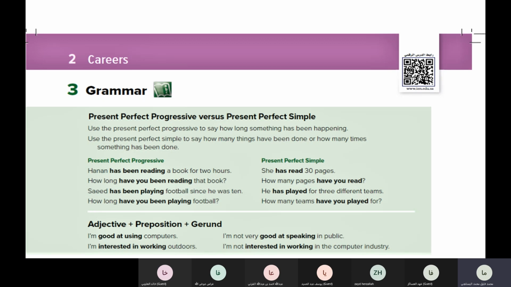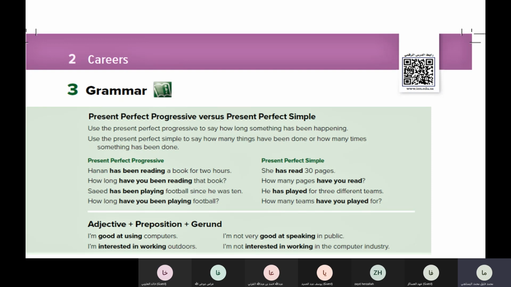Can I say I studied? Yes. What does it mean? I have studied 6 books. It means that up to now, I studied 6 books. Maybe next year I will be studying what, 7 or 8 books. So here it means it started in the past, happening up to now, and may continue.